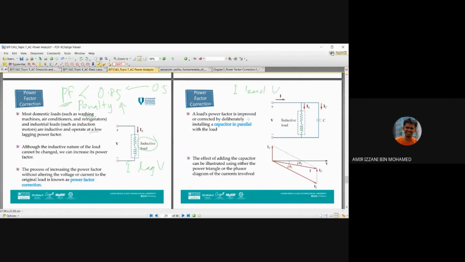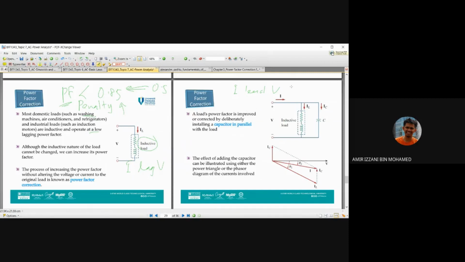So we can use a capacitor to pull the power factor up from 0.5 to 0.85. This is what we call power factor correction, to improve from a bad power factor to a good, considerable power factor.